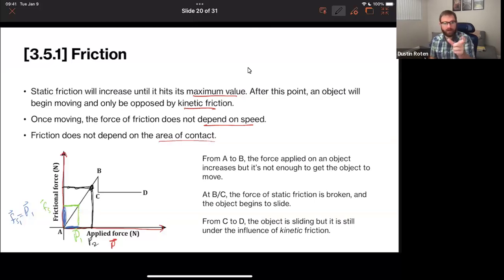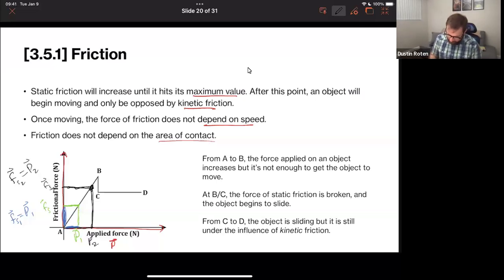That's going to correspond to some amount of friction. So that's my second one. But again, you can see that the harder I push from P1 to P2, my push is increasing and the friction opposing me is also increasing.